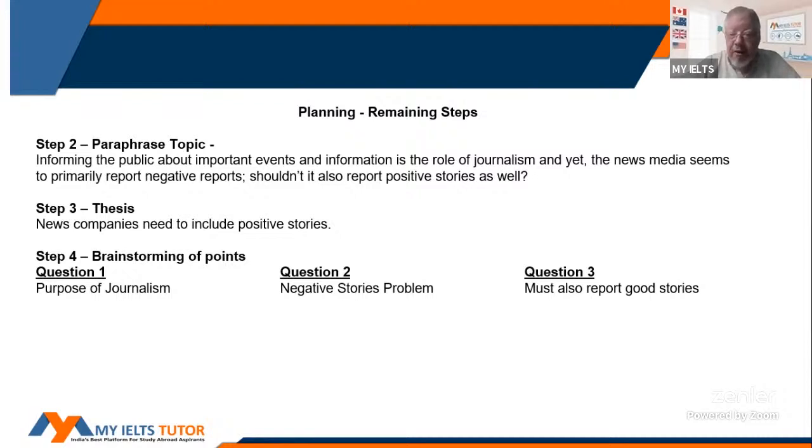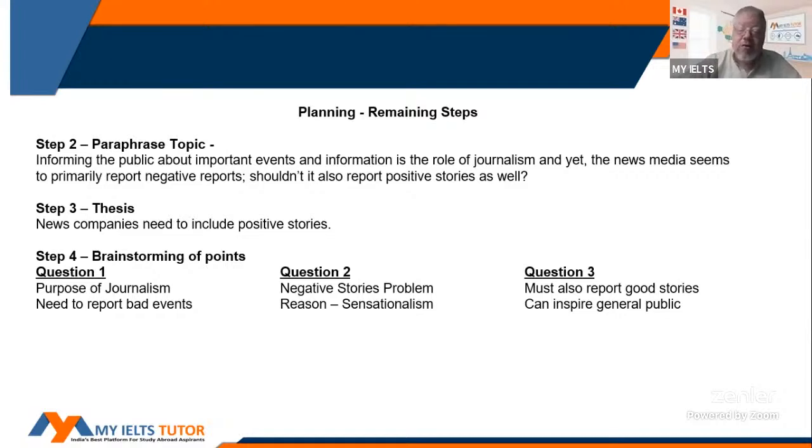But that's not all the reasons. Now, question 1, need to report bad events. Question 2, one reason is sensationalism. And that's a good vocabulary word for you, sensationalism. And then another reason for question 3 is can inspire the general public. Question 1, sorry.